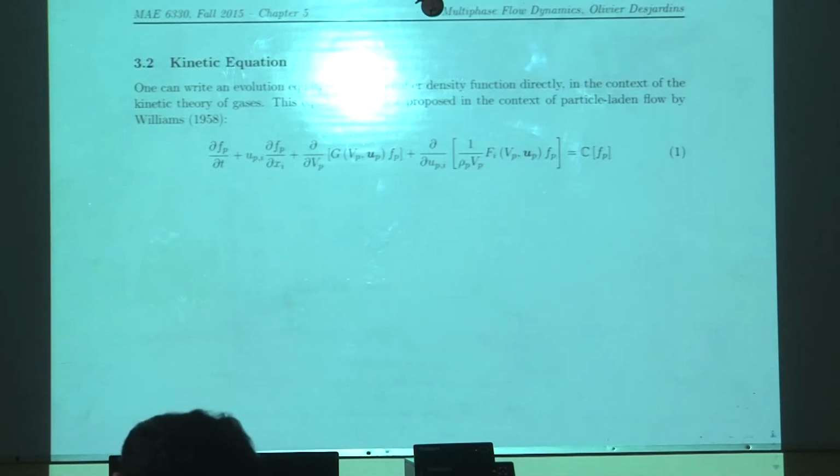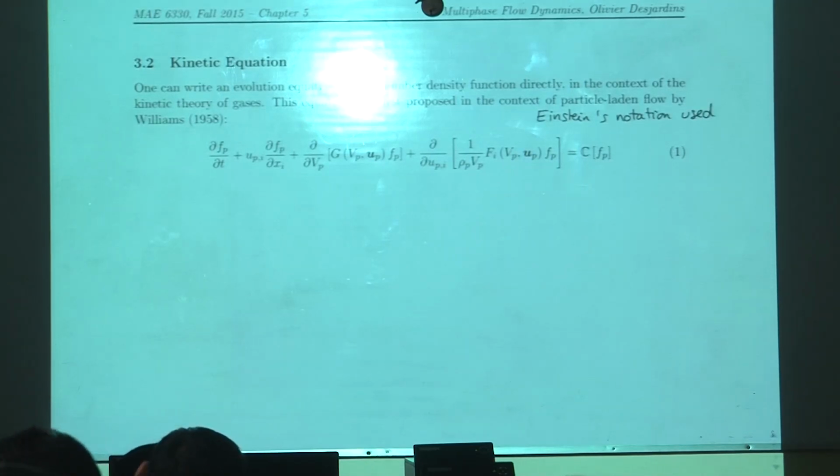But for the other indices, and I think there is only i, I'm using Einstein's notation. So Einstein's notation used except for the p index.